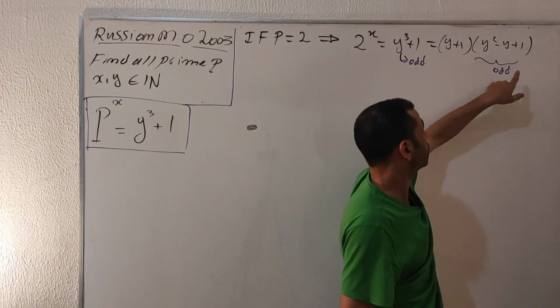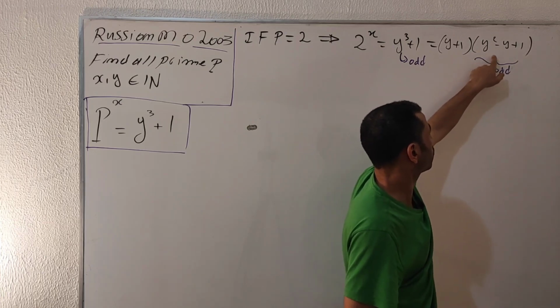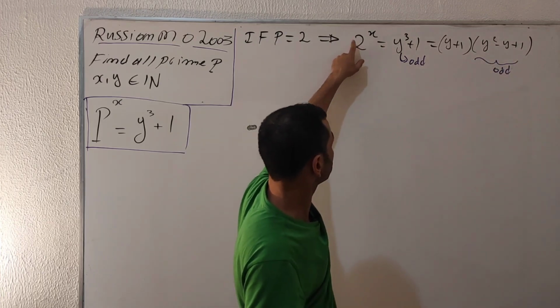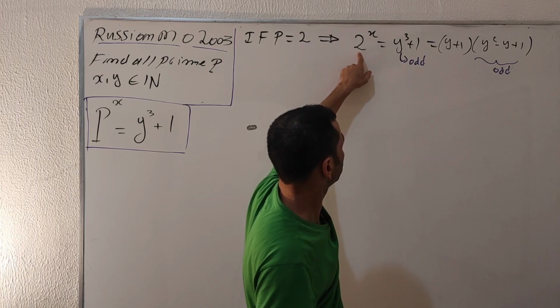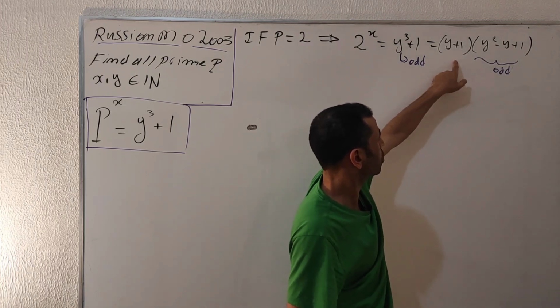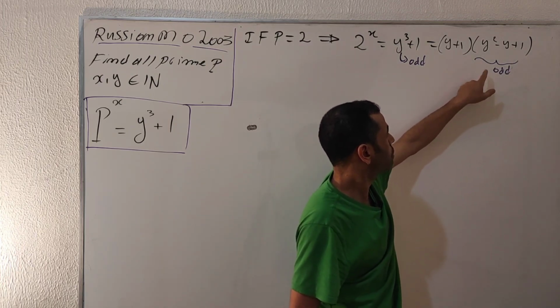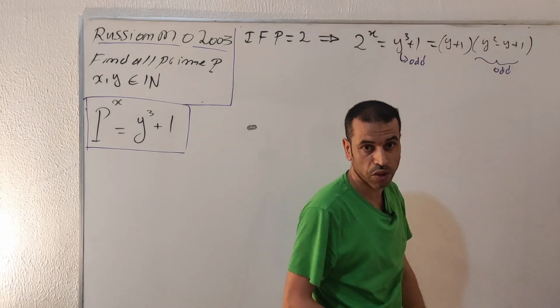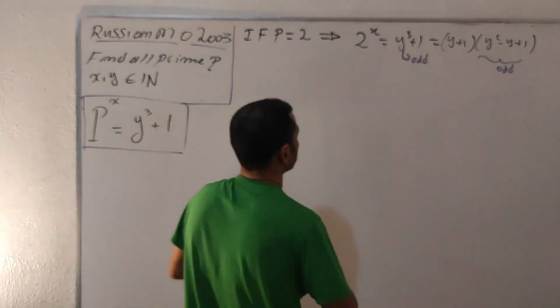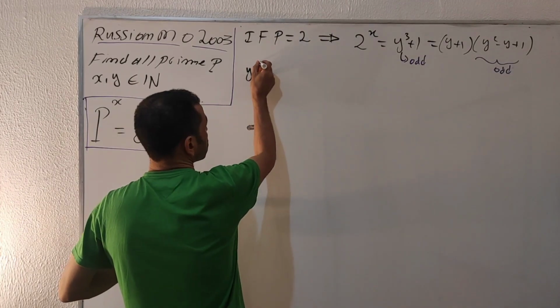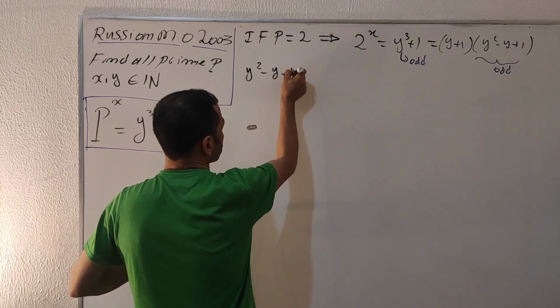So the whole evenness of 2 goes towards y plus number 1, which means this other factor must equal 1, otherwise it will be impossible. So y squared minus y plus number 1 equals 1.